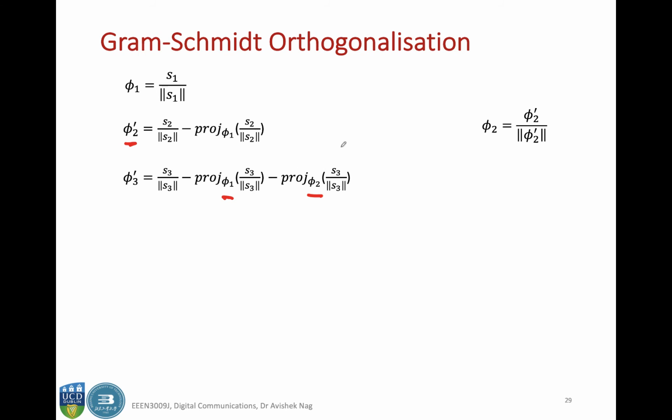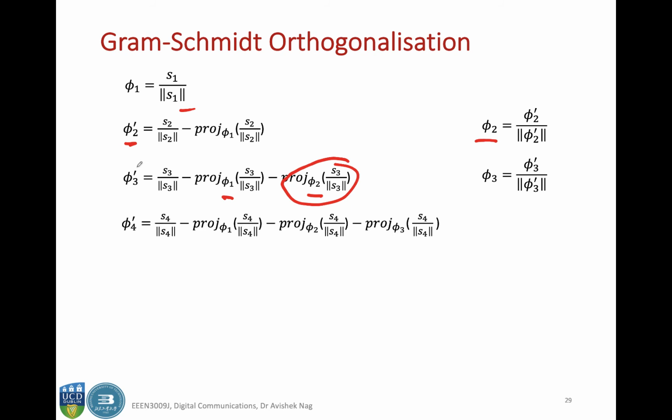You have calculated phi1 and phi2, so you can calculate the projections of S3 divided by S3 norm on phi2 and on phi1, and then you subtract both these terms. Once you get phi3 prime, you get phi3 as this, and in that way you proceed.